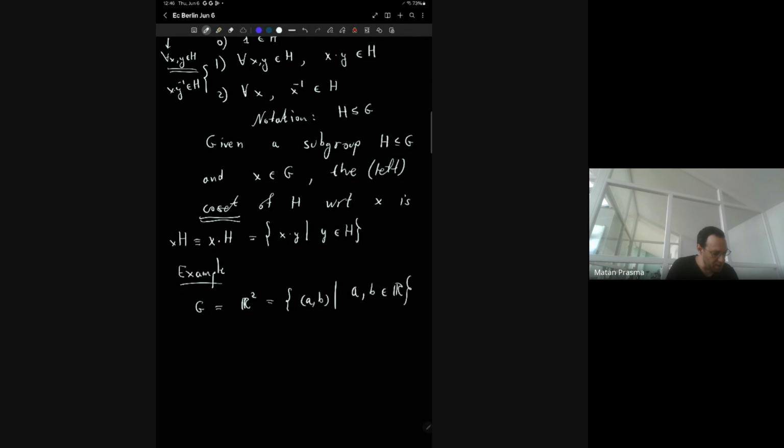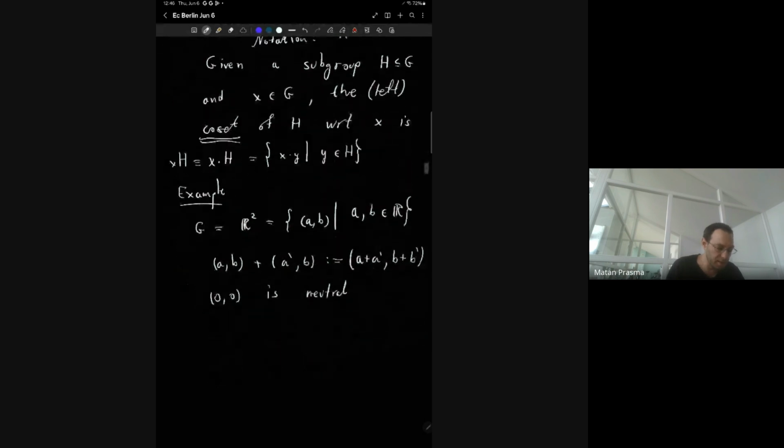And we have a natural operation of adding two vectors, two elements here. Let's say A prime, B prime. This is defined to be A plus A prime, B plus B prime. And the neutral element is (0, 0).